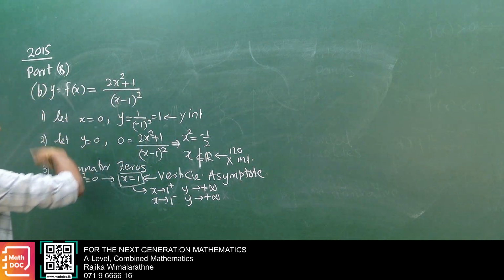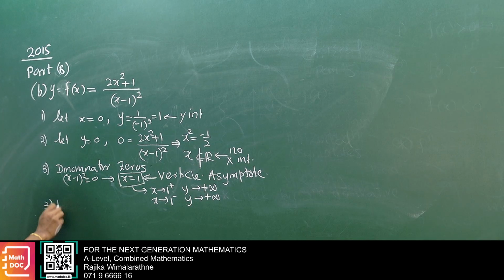So by the function we can find them, okay? Then third one, horizontal asymptote.